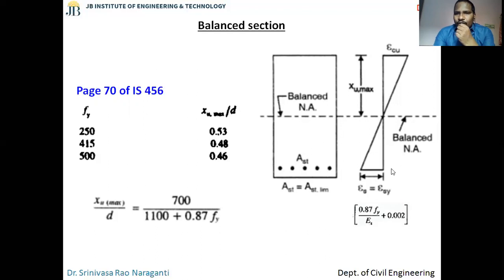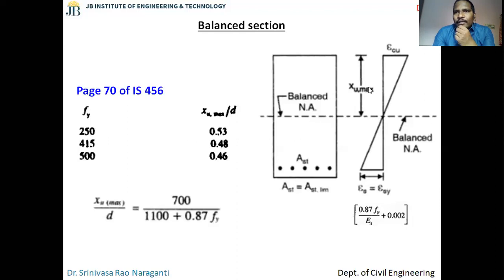The other way around is that the stresses in the concrete and the steel reach maximum at the same time, but we're talking about the strain concept. That means the maximum allowable strain in the concrete and the maximum strain in the steel are achieved at the same time. Then we call this a balanced section. The depth of neutral axis of a balanced section is denoted with Xu max.